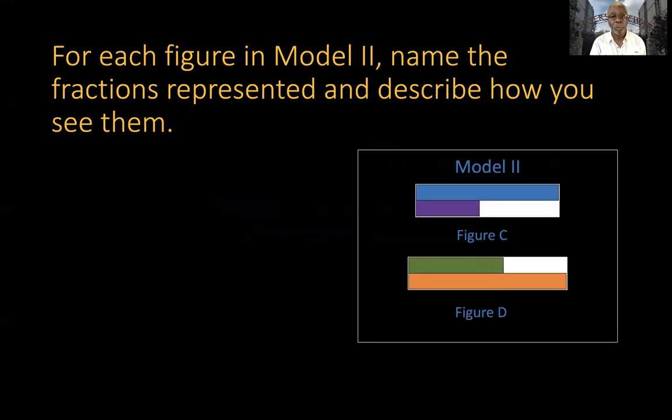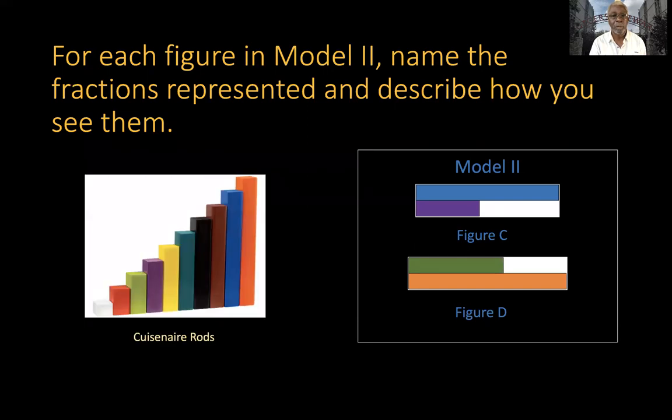In model two, we'll notice that we have two distinct quantities that we're comparing. In figure C, we have a blue and a purple quantity. In figure D, we have a length that's colored light green, colored dark green, and the other is orange. And they represent these Cuisenaire rods.